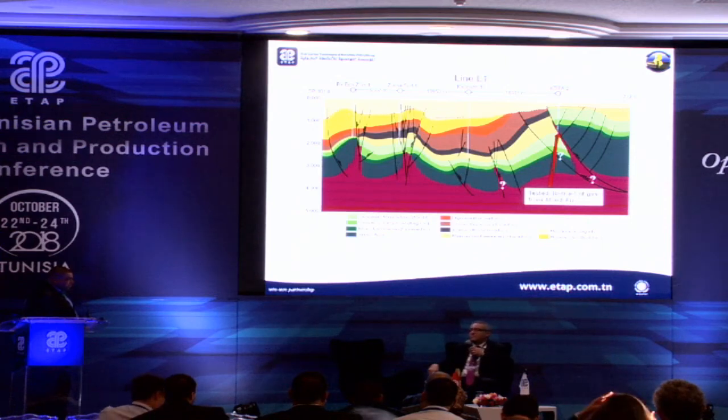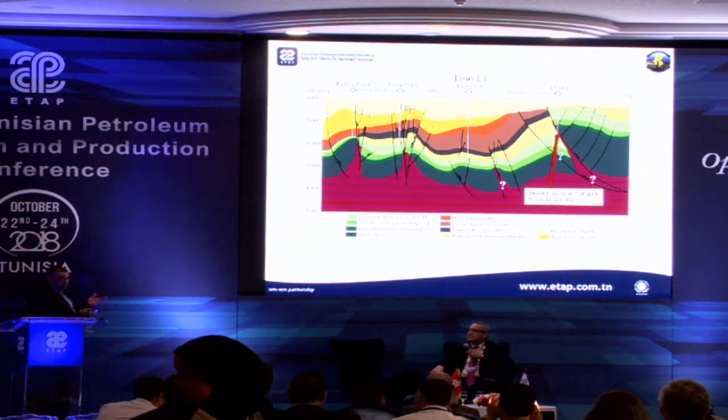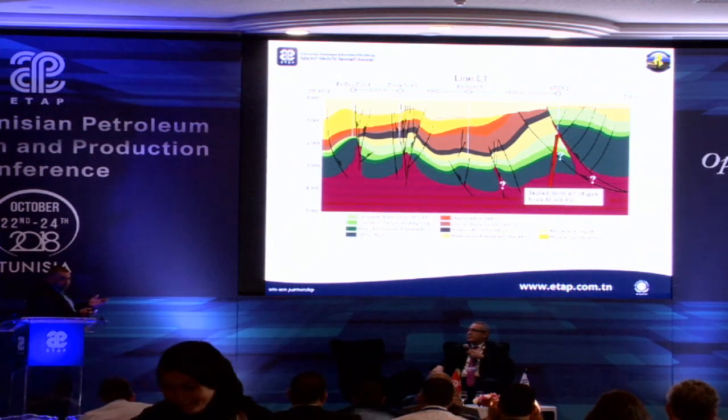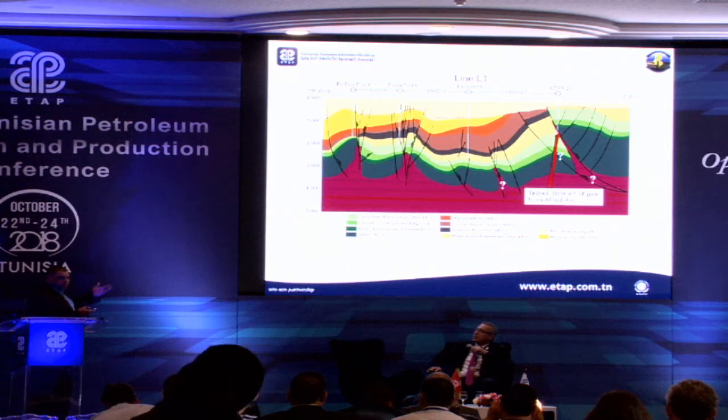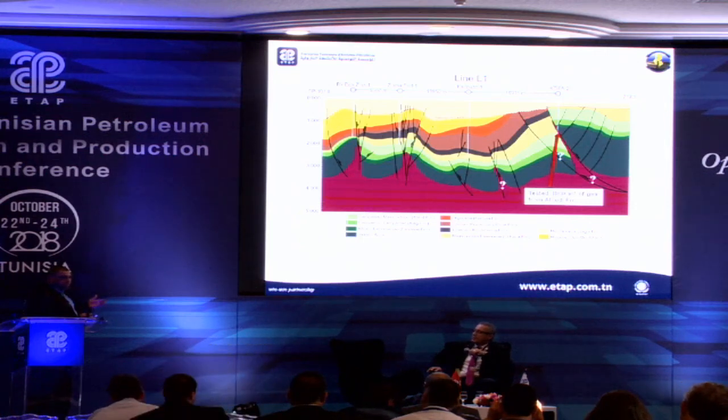Because we have here a detachment level within Triassic. If you have a long displacement, we might talk about thrusting. If the displacement is not so important, we'll talk about inversion and reverse fault, simply.